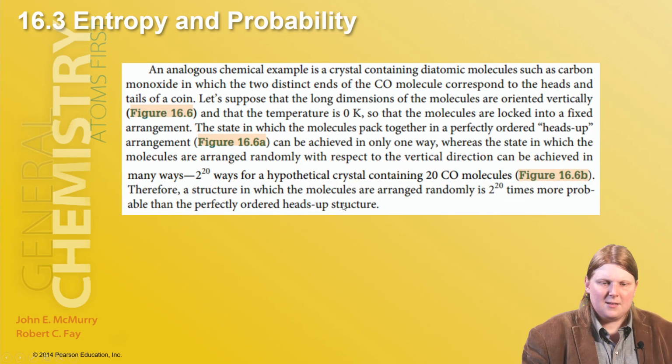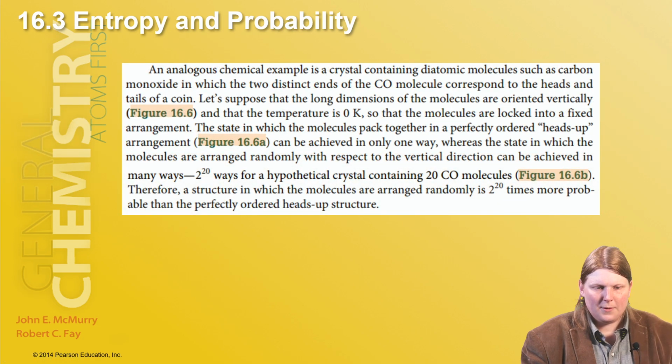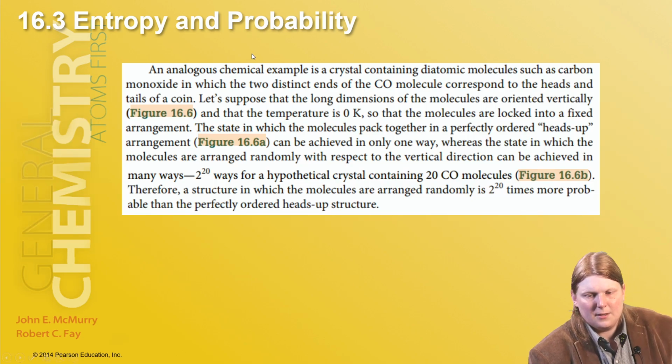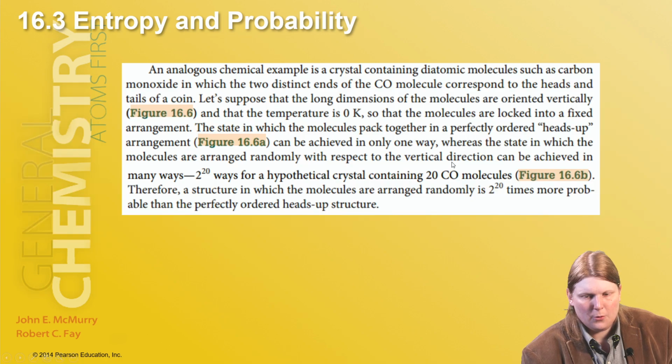Another analogous example, they have this CO molecule where they can be locked in different configurations as well. And they talk a little bit about this in some detail to see if maybe this could be a perfectly ordered crystal. It turns out that this one doesn't form a perfectly ordered crystal, but they'll pack in only one way that they could align themselves in that configuration.